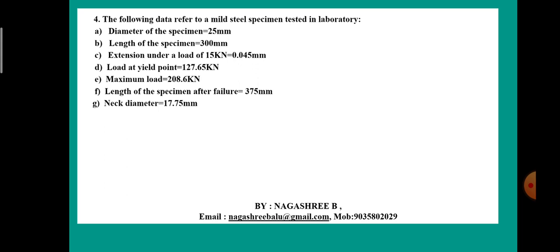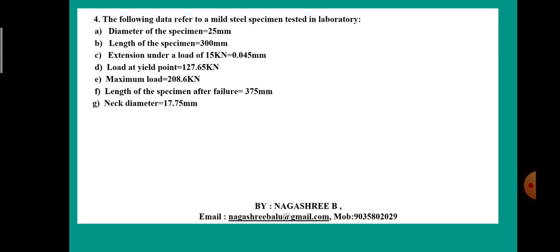If there is stretching of the material, then it is subjected to tensile load, and if there is shortening of the dimension along the load application, then it is subjected to compressive load. But here there is extension under the load, so you can take it as tensile load itself.